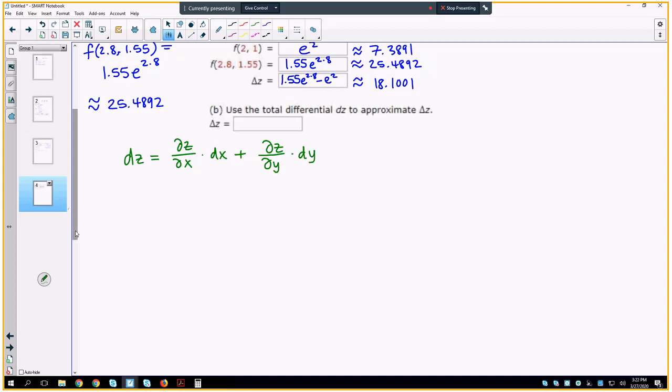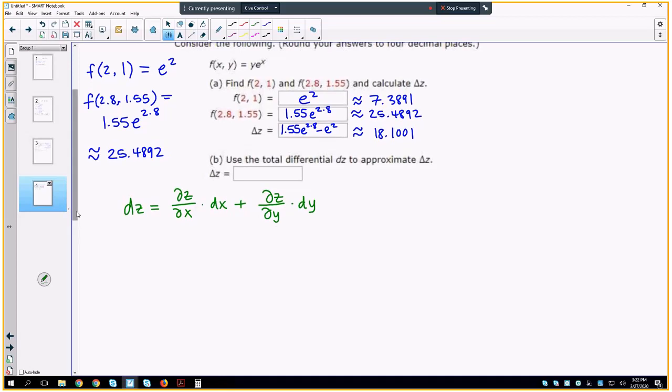So looking at our function, the partial derivative with respect to x, remember y is just a constant, so that should be y times e to the x times dx. And then the partial derivative with respect to y, now e to the x is a constant. So the derivative with respect to y being 1, that just gives us e to the x times dy.